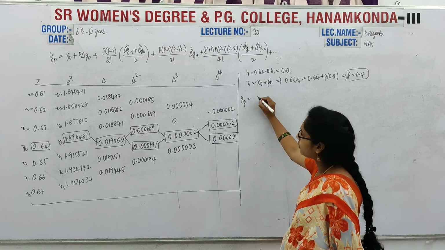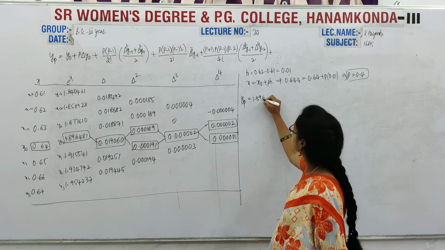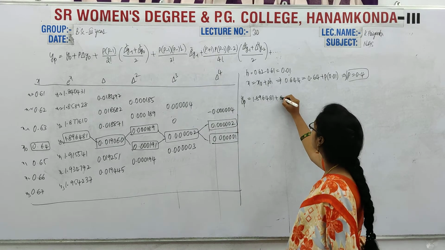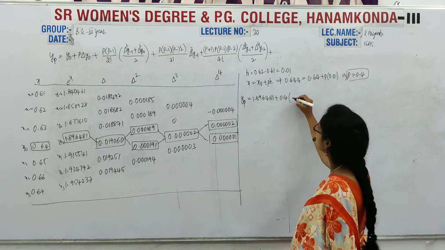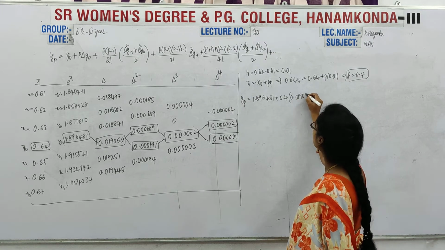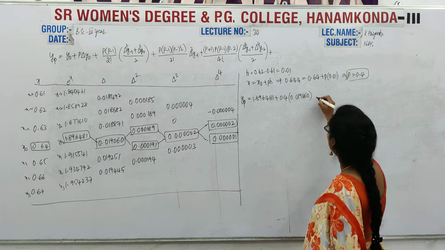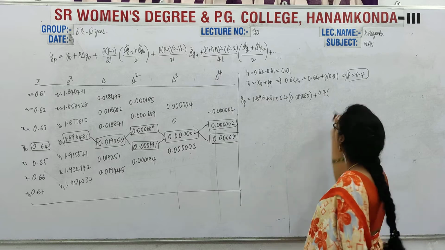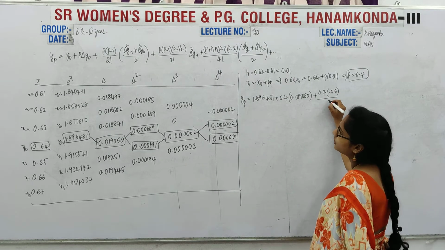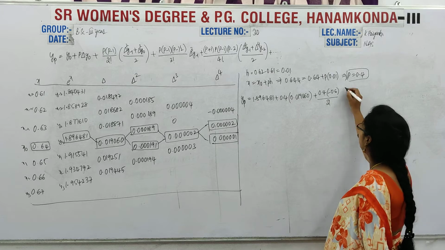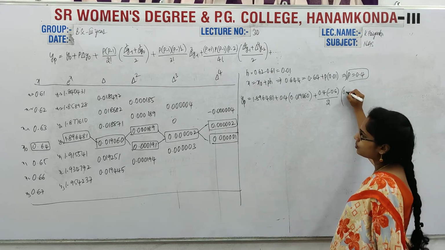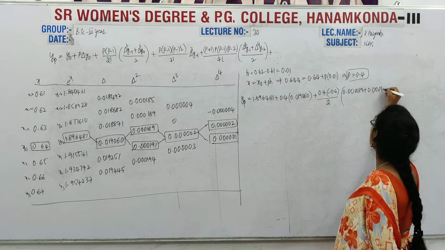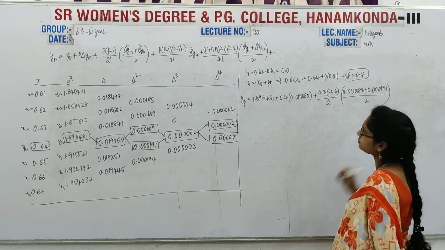Now here y naught is 1.896481 plus p into del y naught, p is 0.4 into del y naught which is 0.019060. Plus p into p minus 1, that is 0.4 into minus 0.6, by 2 factorial, into 0.000189 plus 0.000191 by 2.